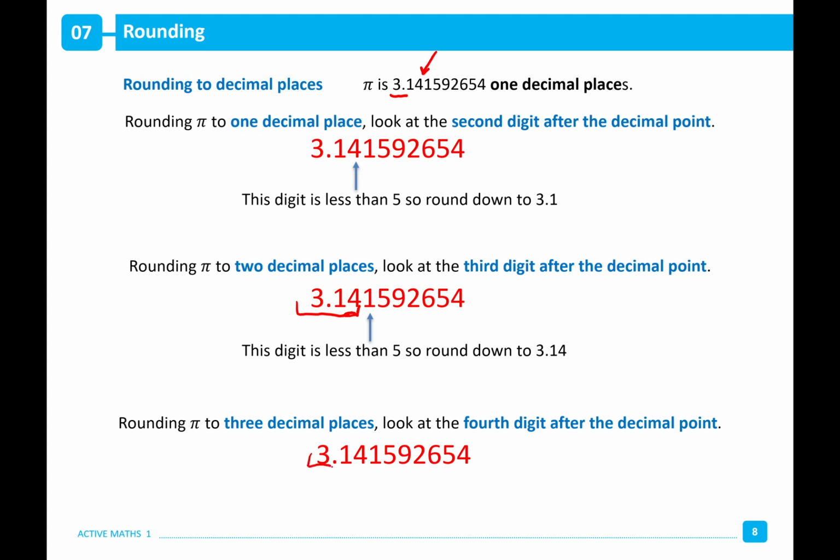We know we are keeping everything up to the third decimal place. To decide what the third decimal place is, we look at what our fourth digit is. This number is greater than 5. Therefore, we round up. Our answer is 3.142.